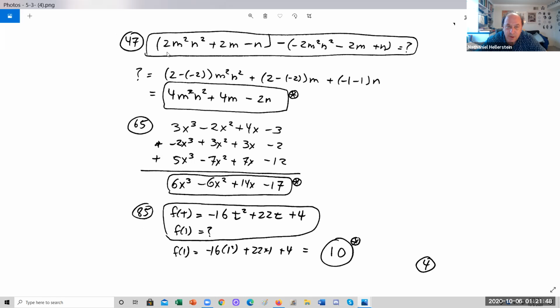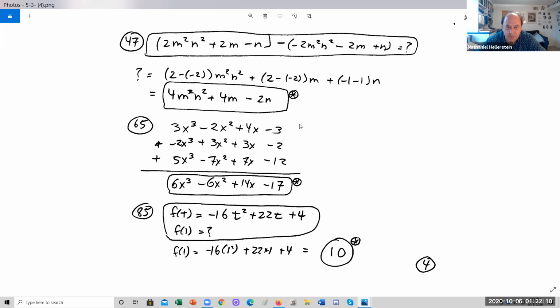So we combine them: 2 minus negative 2 times m squared n squared. We have a 2m minus a negative 2m, so it's 2 minus negative 2m, and negative n minus another n, minus 1n. Combining the coefficients, you get 4m squared n squared plus 4m minus 2n.